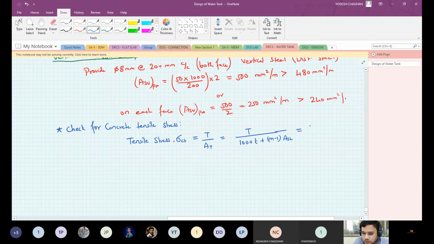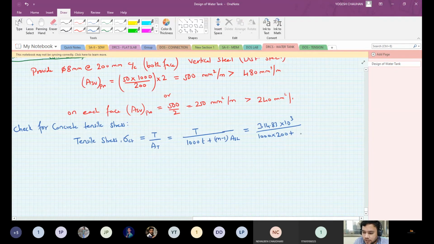So this is equal to the tensile force, that is 314.83 into 10 to the power 3 divided by 1000 into thickness 200, plus m minus 1, modular ratio for M30 grade is 9.33, minus 1, into the area of the steel provided, that is 2512.